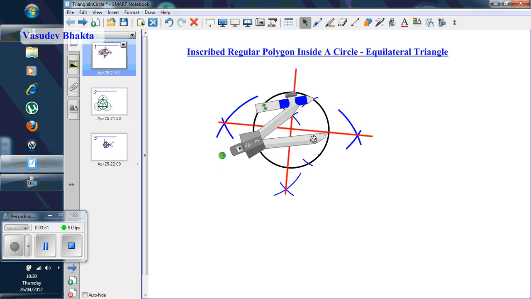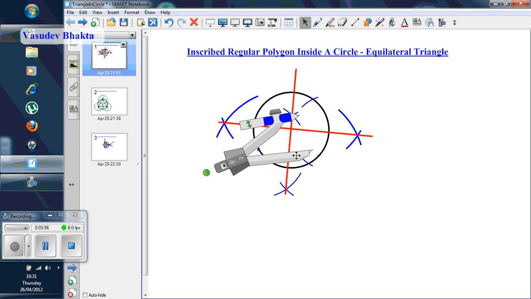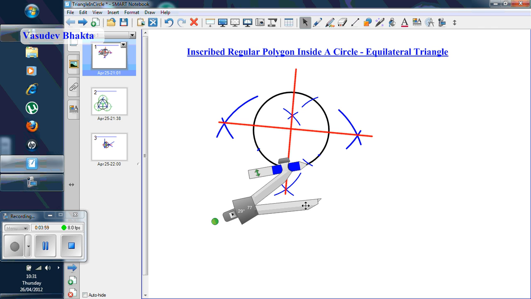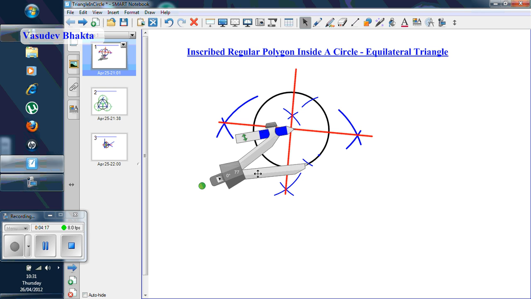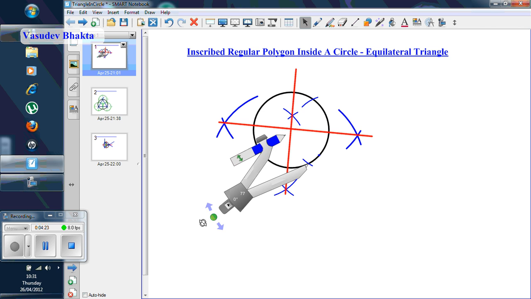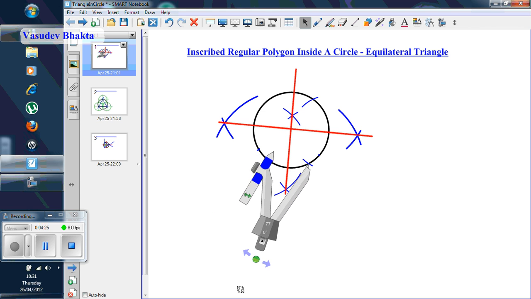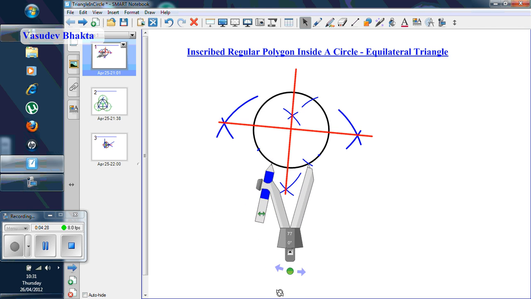Now the neat thing to do is move our compass such that the pen stays fixed on one of the points that we've marked. Then we put the compass point there and rotate the pen onto our circle circumference.